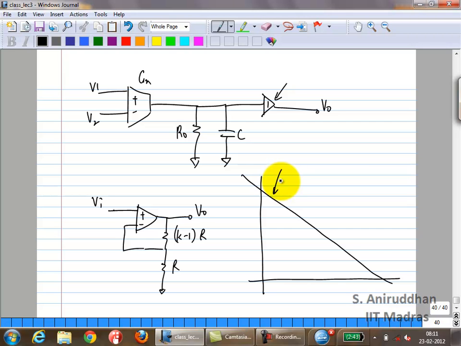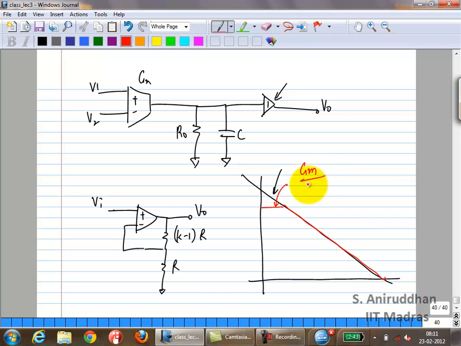Okay, what is it going to look like now? So this is the ideal integrator. So we saw yesterday, what is this value? This is the case without any feedback. Okay, the red one is the case without any feedback. What is that going to look like?